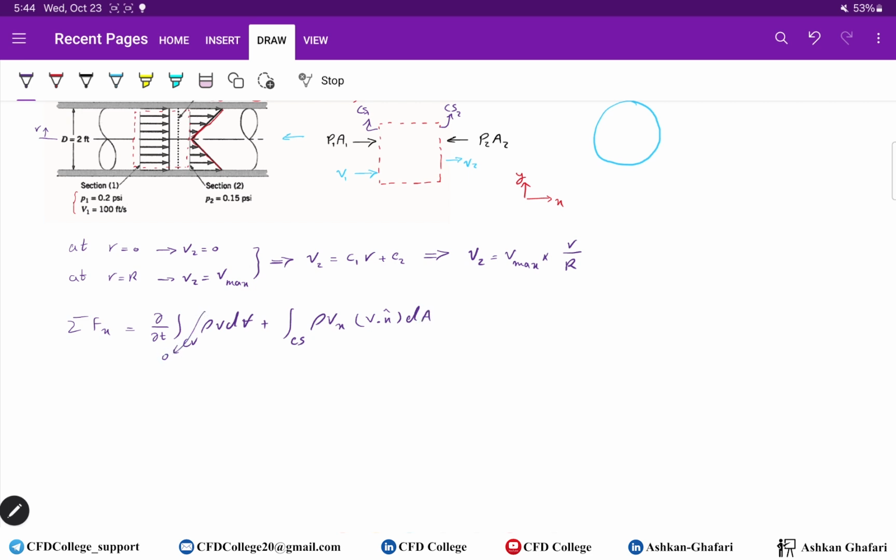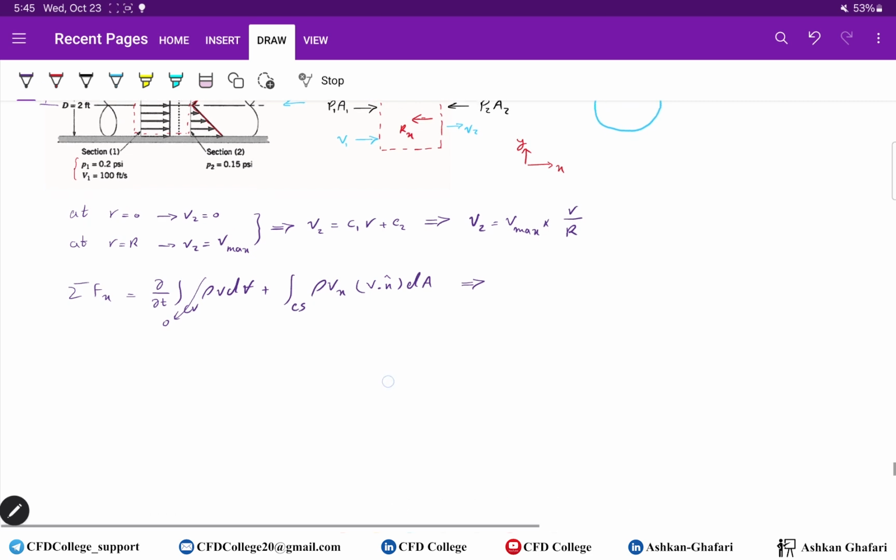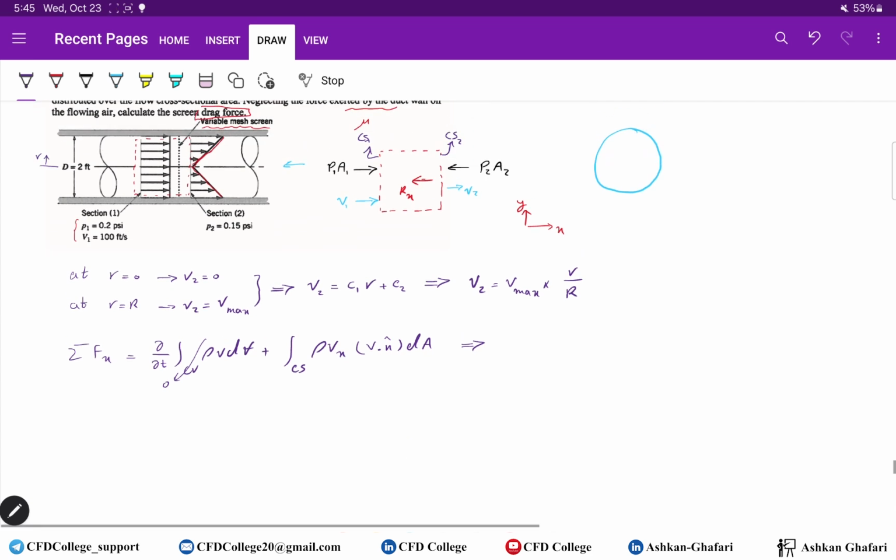The first is 0 since we are working at steady state. And I forgot to include the drag force, which is Rx. This is the drag force acting on the mesh screen.